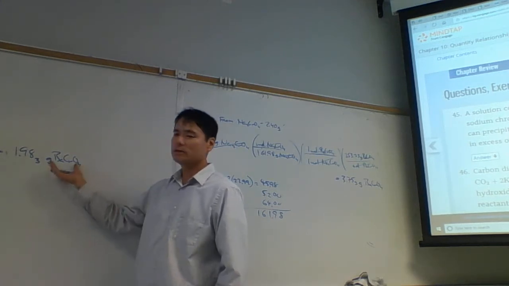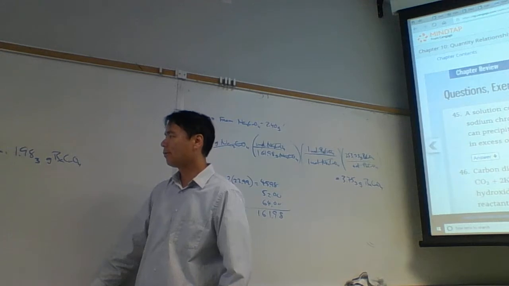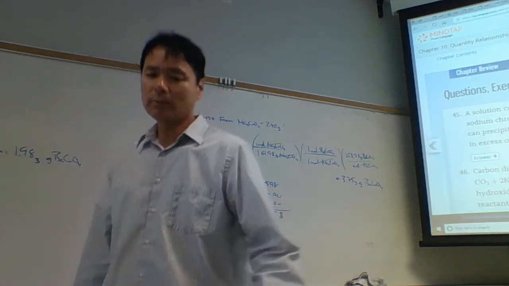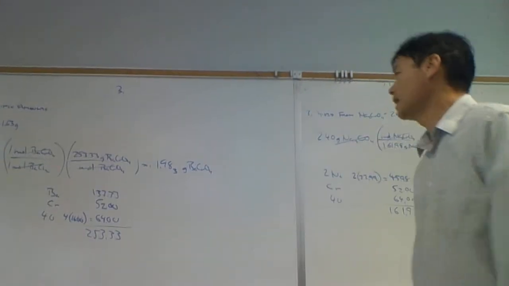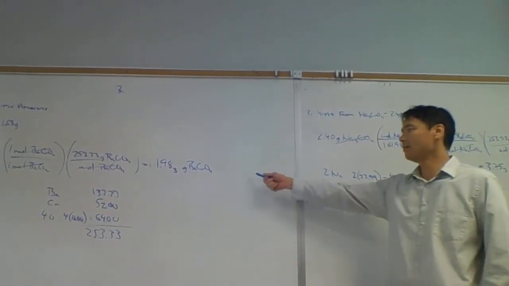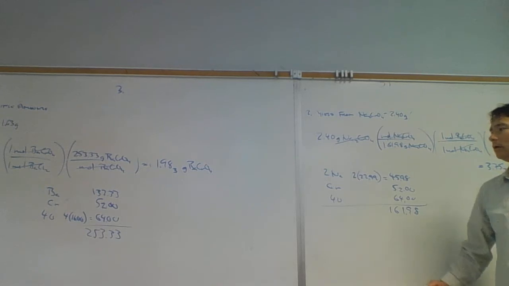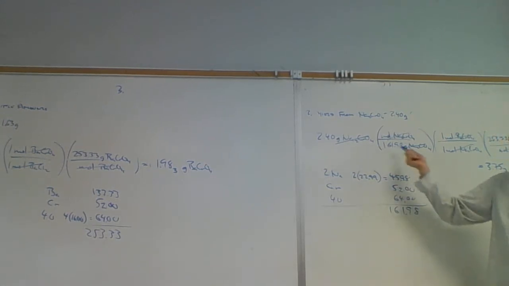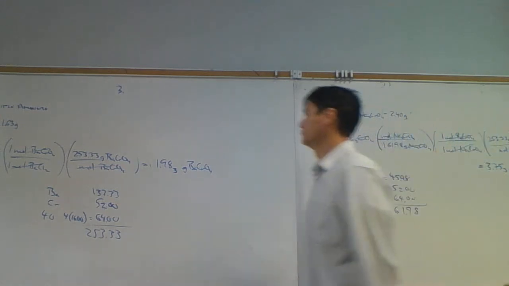Once all 1.63 grams of barium chloride is reacted, there's no more barium chloride left. If there's no more barium chloride left, then there's no more reaction. And so the reaction is going to stop here because we've run out of barium chloride, and we have some excess sodium chromate.